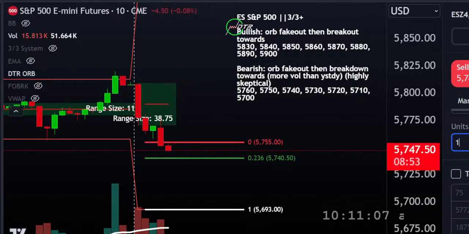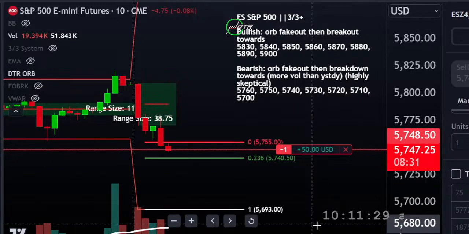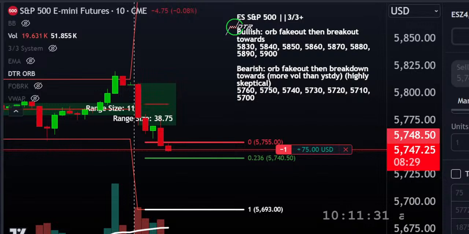Okay, so now it's going to be a 1 contract position. Okay. And I am in. Average price, $48.50. 1 contract.